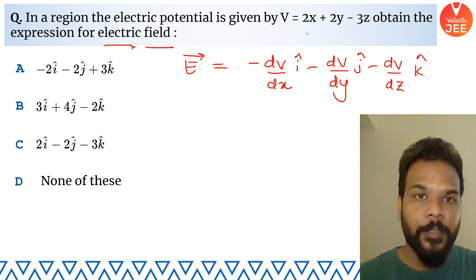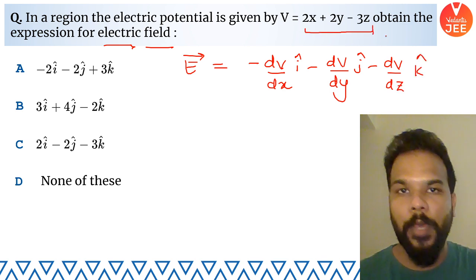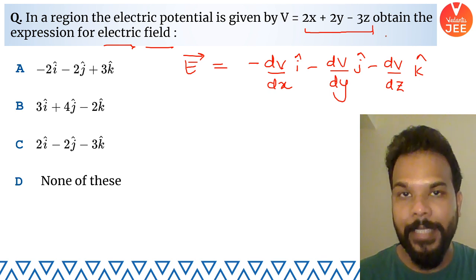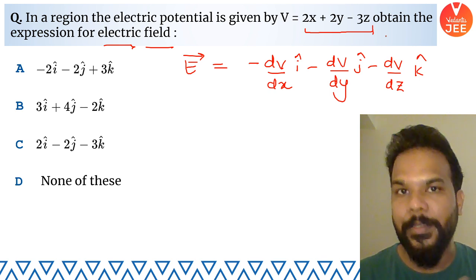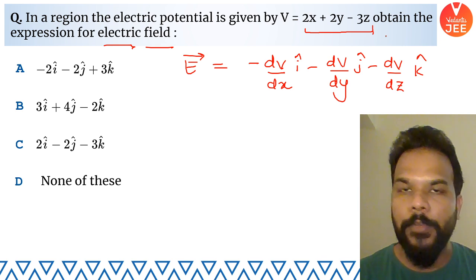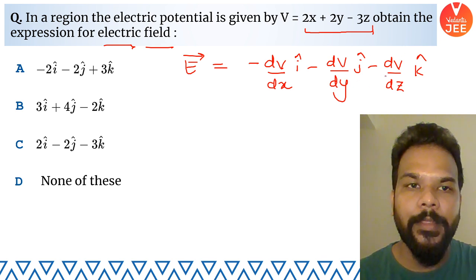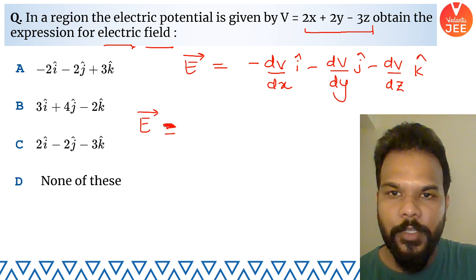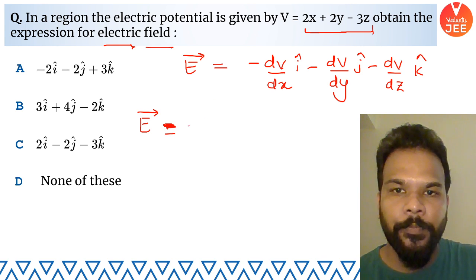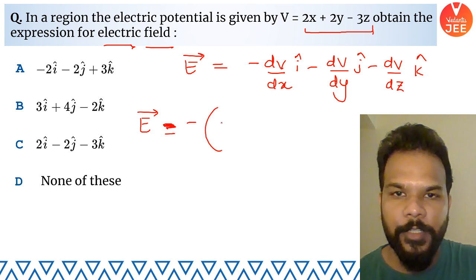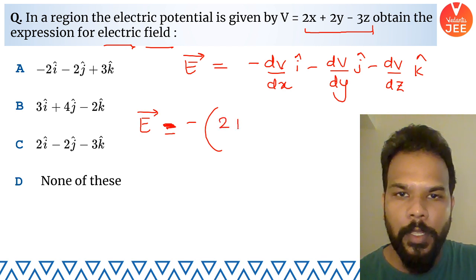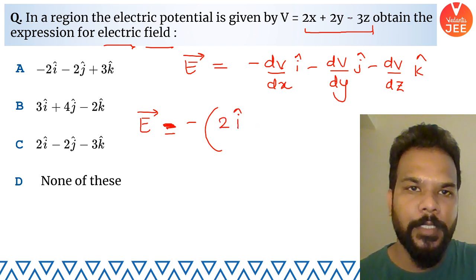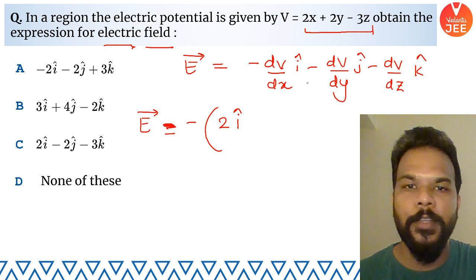So we differentiate once with respect to x, second time with respect to y, then with respect to z. Differentiating with respect to x gives only 2 i cap, because the other terms give 0.